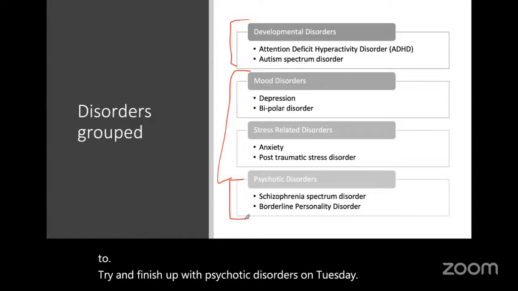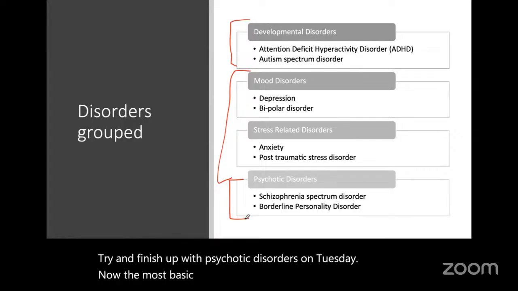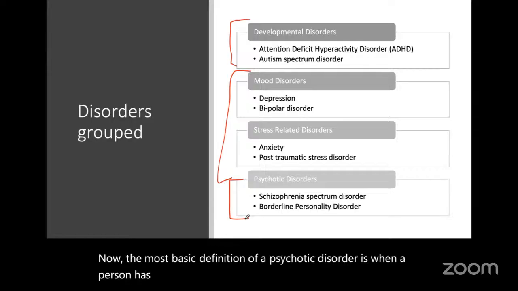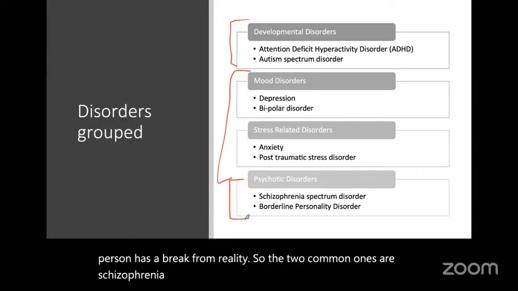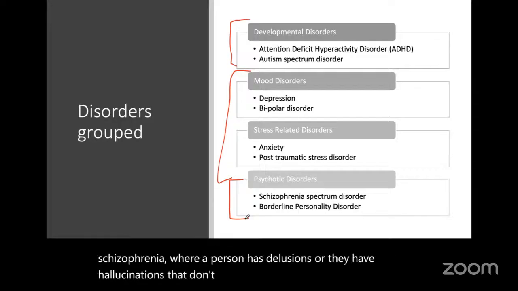Now, the most basic definition of a psychotic disorder is when a person has a break from reality. So the two common ones are schizophrenia, where a person has delusions or they have hallucinations that don't actually exist within the objective reality world.